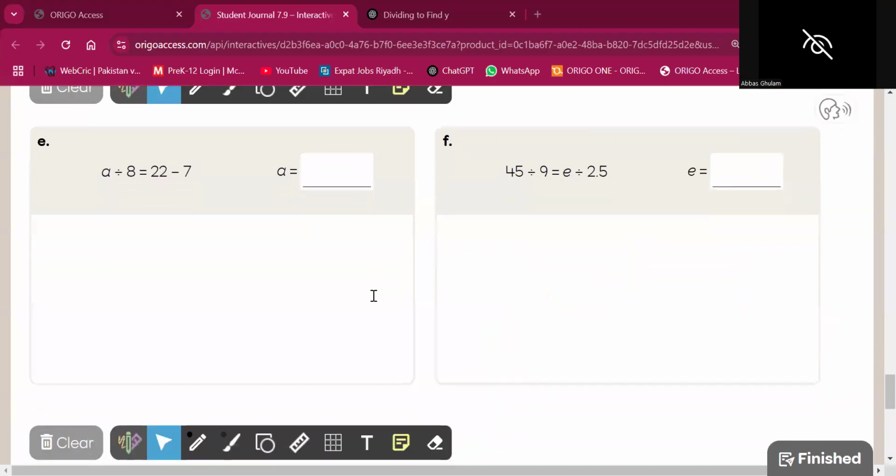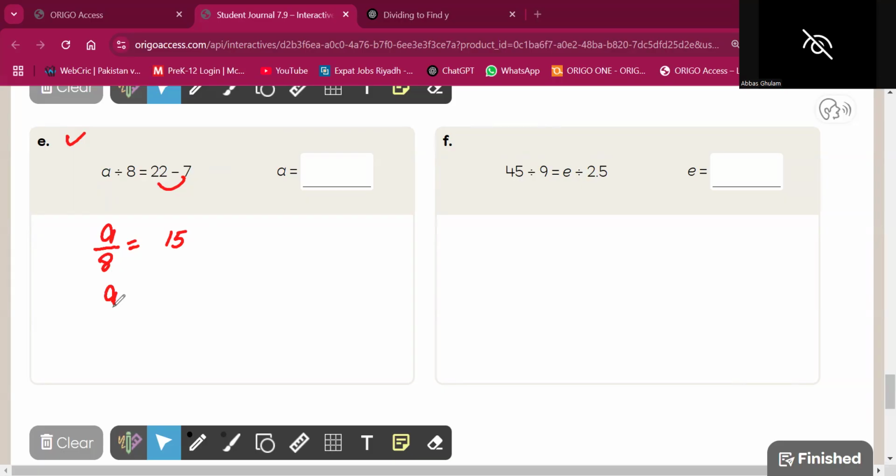Yes, I want to check one of the questions. For example, in question number E, there is A divided by what? 8. They are both numeric, so we can subtract them. 22 minus 7 is equal to 15. So what is here?